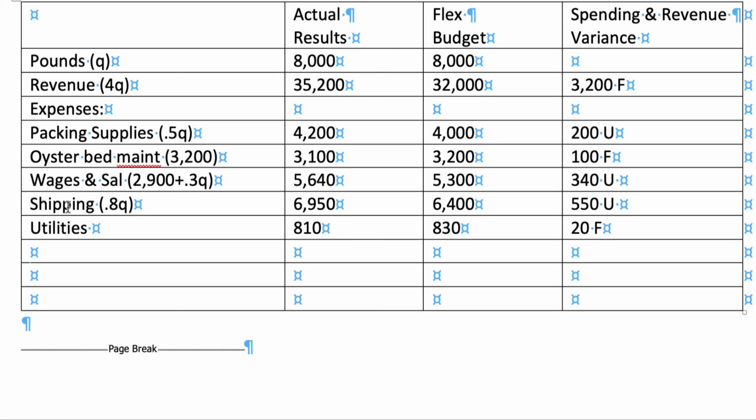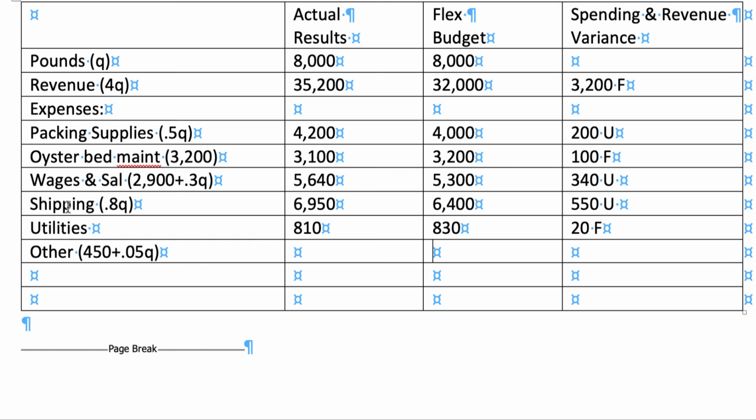Okay, the last one we have here is other. Those will be our miscellaneous. So here, the cost formula is 450 plus 0.05Q. So based on the flex budget, what should our other expenses be?